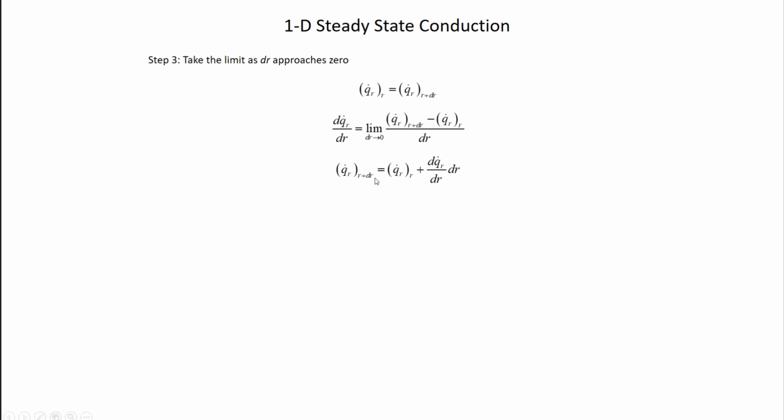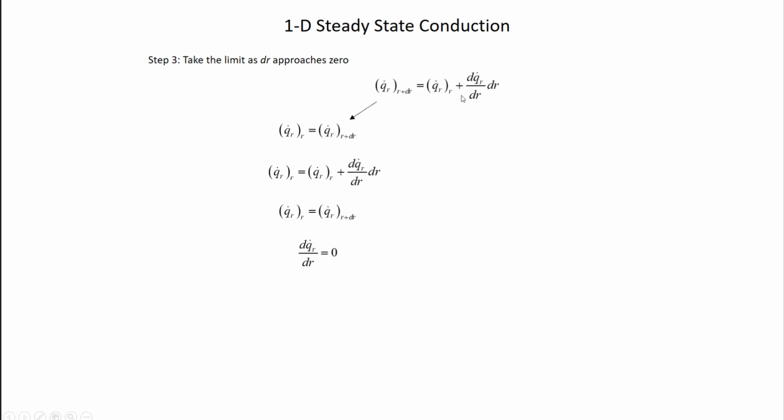So now that I have this, I can introduce this equation into my energy balance. So this equation is the right-hand side here. So I have q dot r is equal to q dot r plus dq dot r dr times dr. If I cancel out these q dot r's, I get this equation right here, which is dq dot in the radial direction dr is equal to 0.